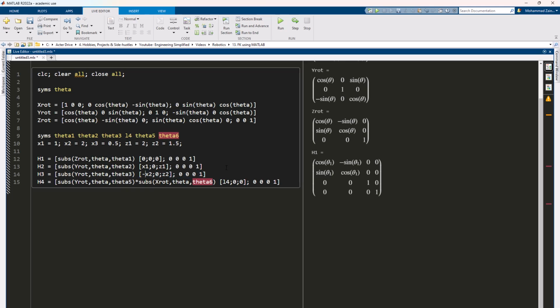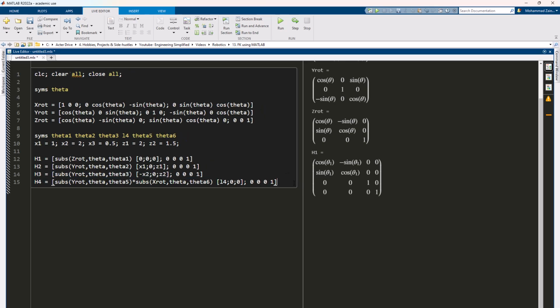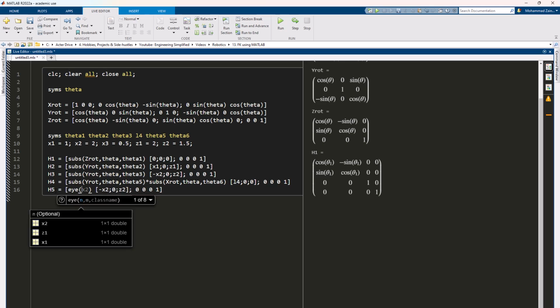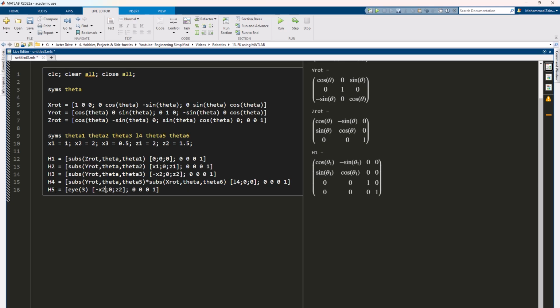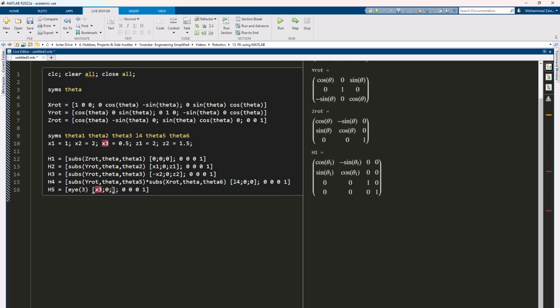And then there was this last homogeneous transform, which is my h5, which just had an identity matrix at the start, so there was no rotation involved. So I3, which is my identity matrix, and the displacement was x3, 0 and 0.